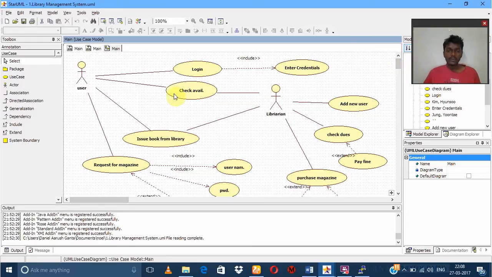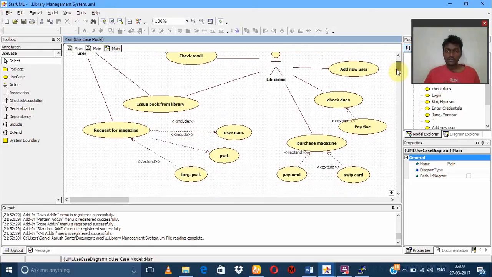Now the functions of the librarian: the availability that is checked is received by the librarian. If a particular book is checked and it is there, the librarian registers it under this particular user. He also checks the dues of the particular user.